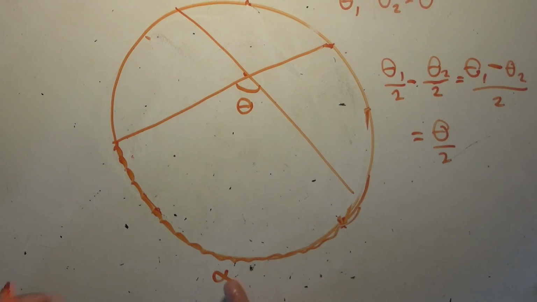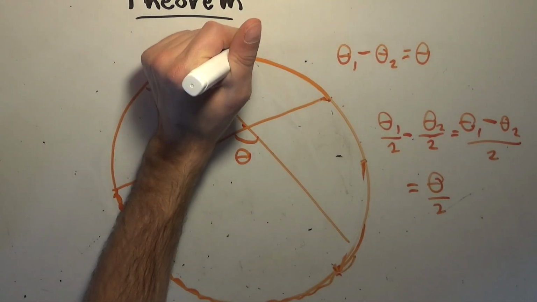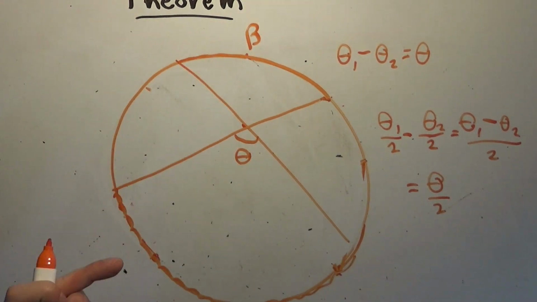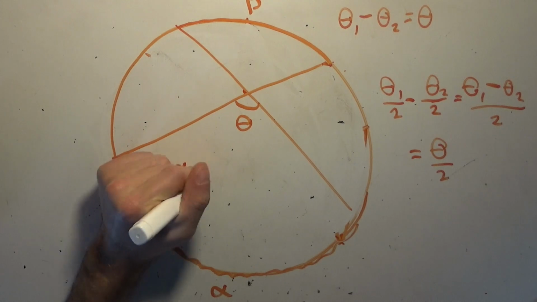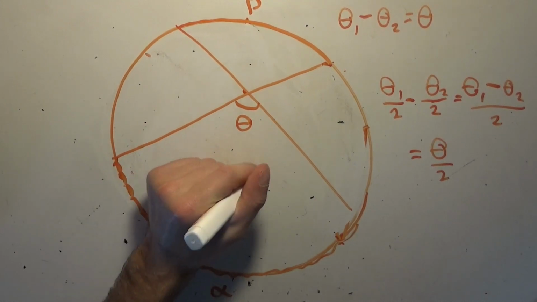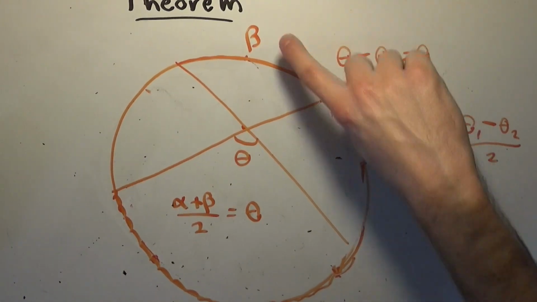This is alpha right here, and we'll call the central angle of this beta, the central angle that subtends that arc, whatever it is. It actually turns out that alpha plus beta over 2 is equal to theta. Theta is the average of these two quantities, alpha and beta, right?